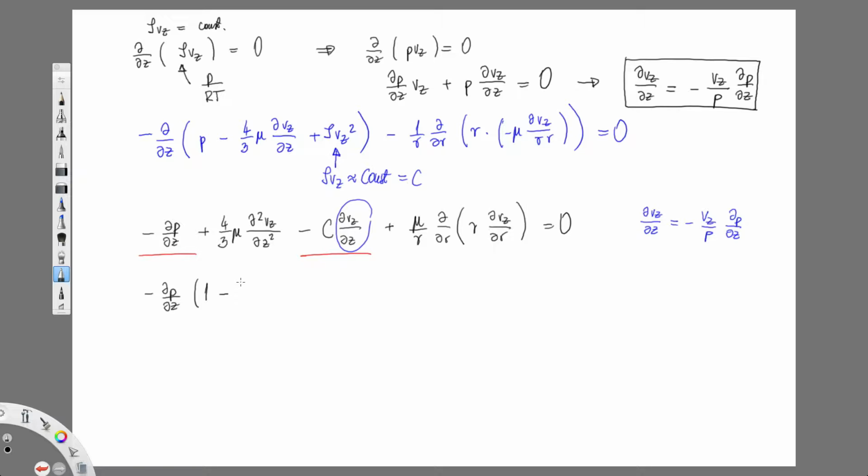So what I have is C and then Vz over P dP dz. Plus 4/3 mu. The rest remains the same.